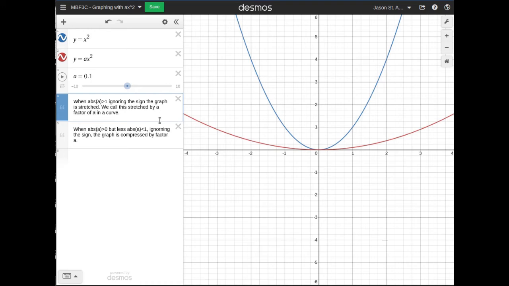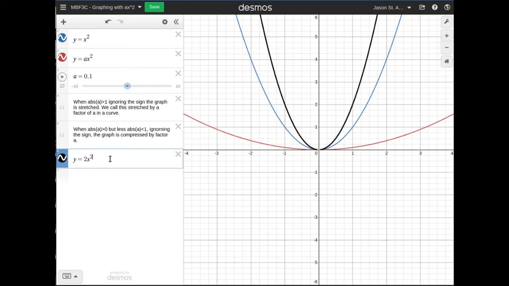So here's an example. Suppose I am looking at y is equal to 2x squared, right? So we have that black graph there. When we look at that black graph compared to y is equal to x squared, it's skinnier. So you could literally say that this graph is stretched by a factor of 2. So essentially what we're doing is we're multiplying each of the y values of the graph by a factor of 2.